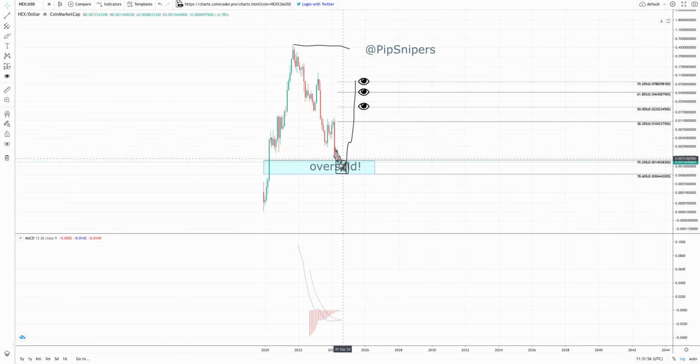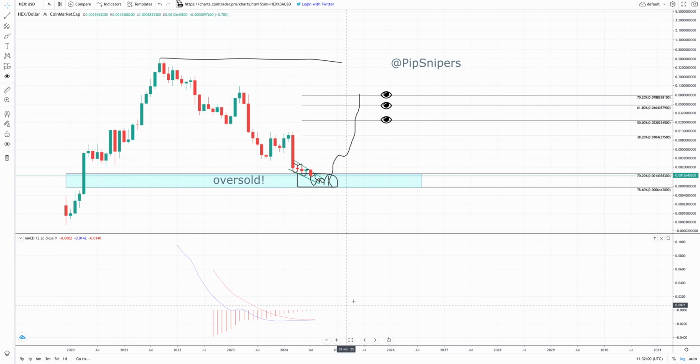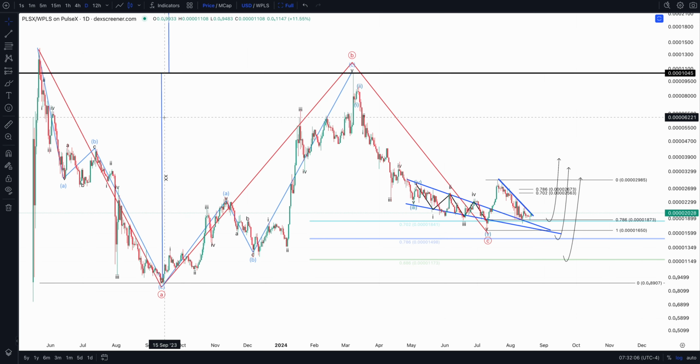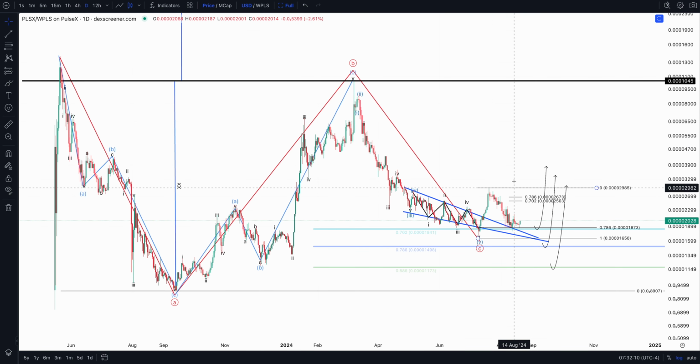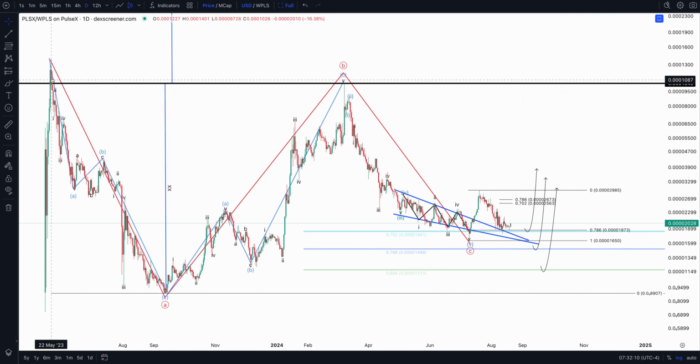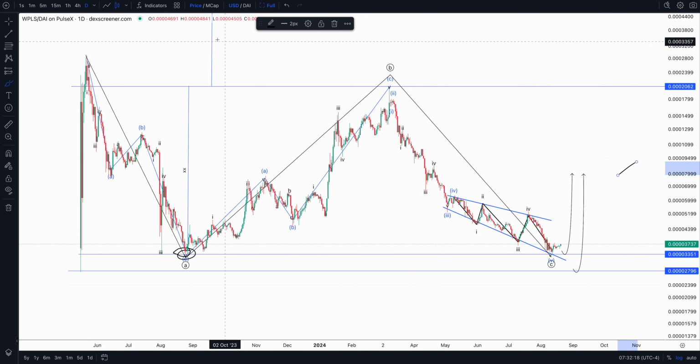So we're extremely oversold here. Okay, so you can see that the whole ecosystem here is bottoming out, and the reason for that is because sellers are becoming exhausted, and we do see that all of these structures are structures of accumulation and not distribution.